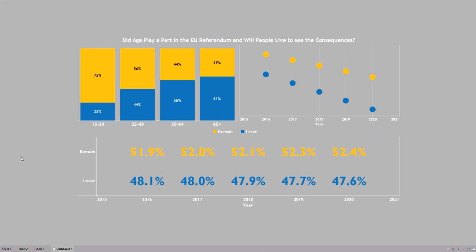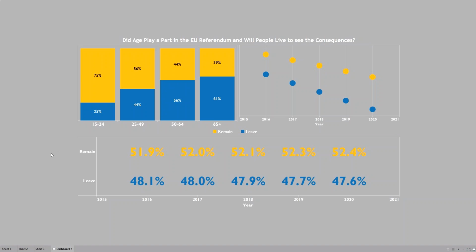Obviously, this chart has been widely circulated. This first bar chart basically shows the different age groups of voters and the way that they wanted to vote. This is all pre-election polls. So going on the polls, obviously it's not 100% accurate, as you can see from down here that the polls were predicting a Remain win, but the effect of age is still the same.